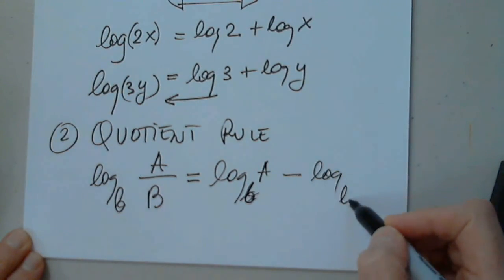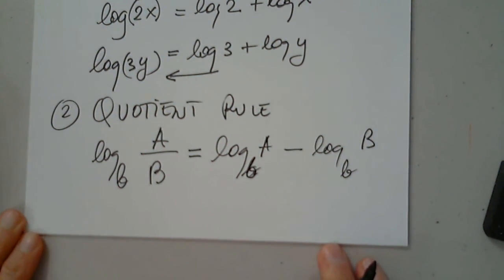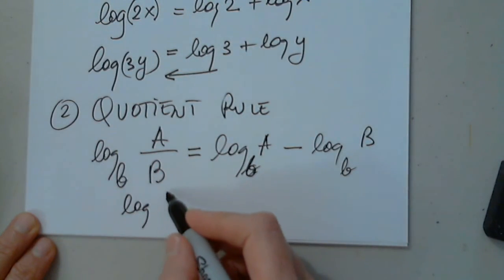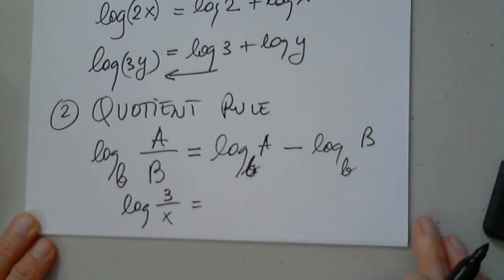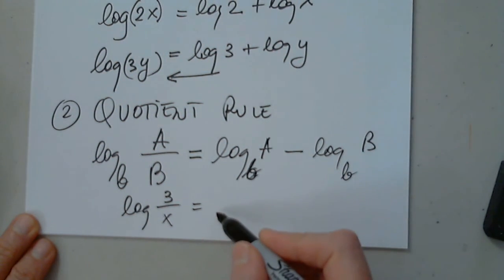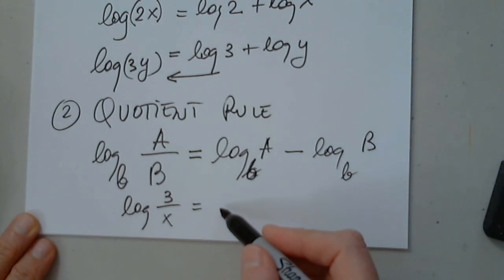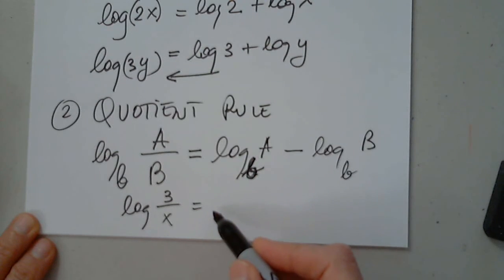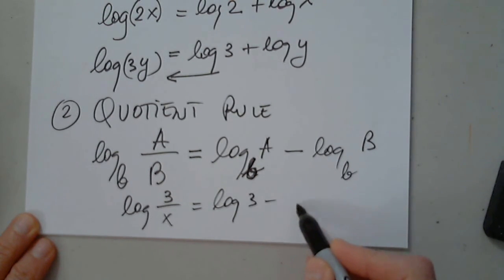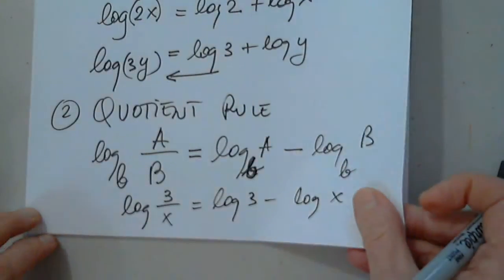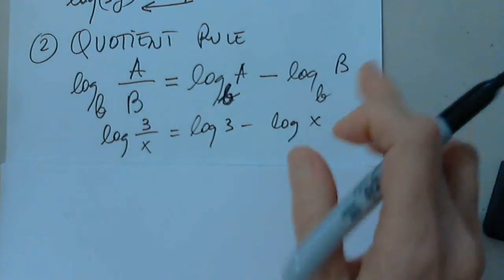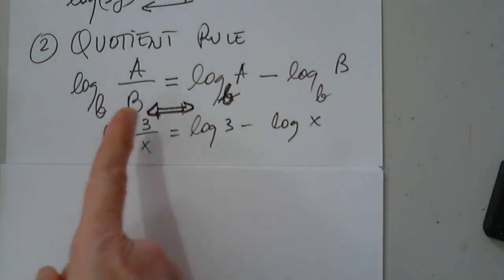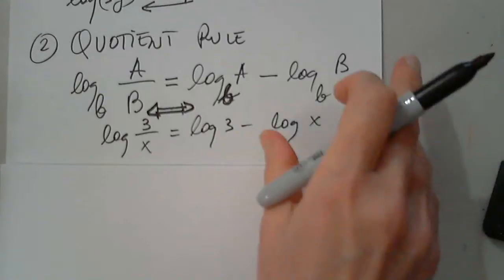So if we expand, let's say log of 3 over x, how would you expand this? Log 3 minus log x. Excellent. And now we can also condense, right? So like the previous property, it goes back and forth. I can expand or I can condense into one log.